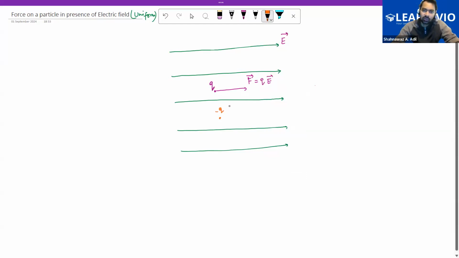Opposite, absolutely correct. So that would be in the opposite direction of the electric field, right? So these are the two things we have to remember. If we have negative charge, force would be in opposite direction. If we have a positive charge, force would be in the same direction as electric field.